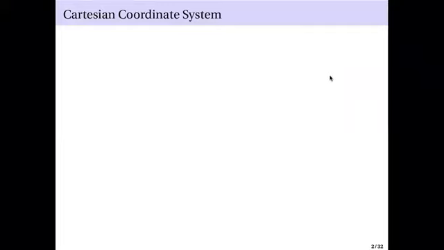This coordinate system was introduced by René Descartes, a French mathematician and philosopher, and that's why it's called Cartesian, from Descartes. And this was introduced in order to at least visualize what is happening in some mathematical functions.